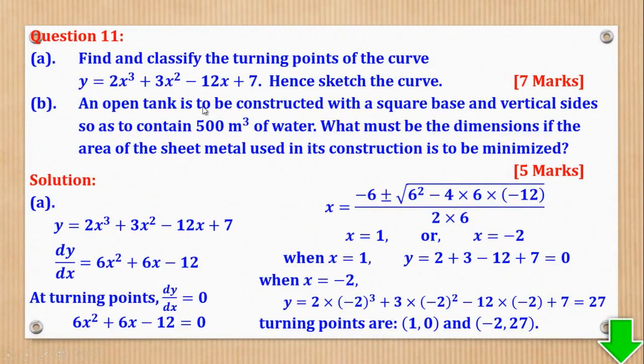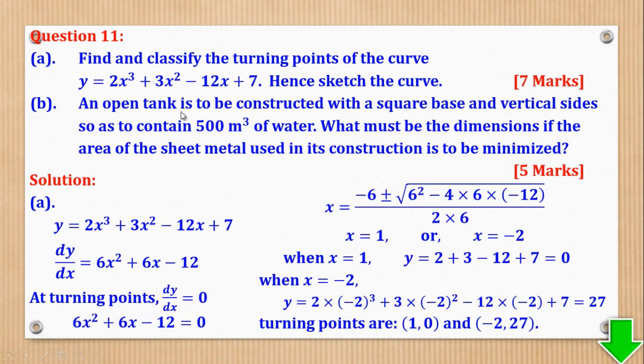they said an open tank is to be constructed with a square base and vertical sides so as to contain 500 meters cubed of water. What must be the dimensions if the area of the sheet metal used in its construction is to be minimized?